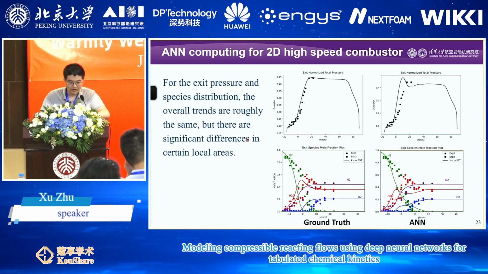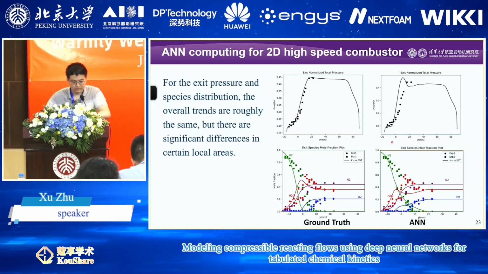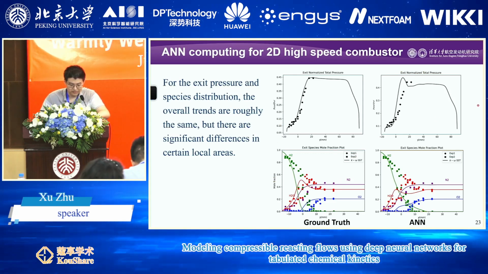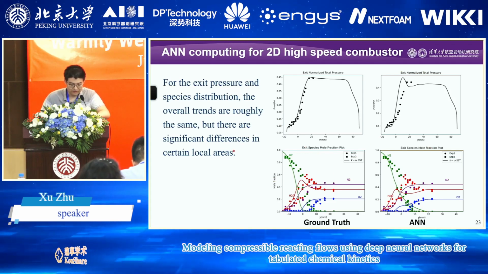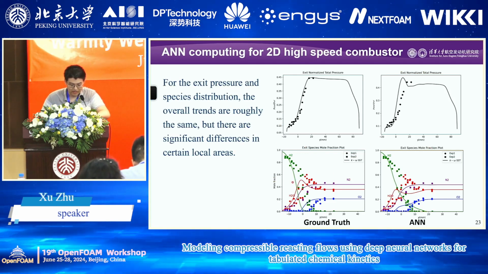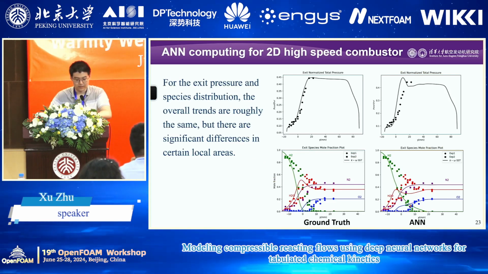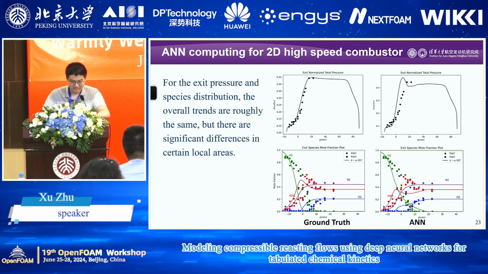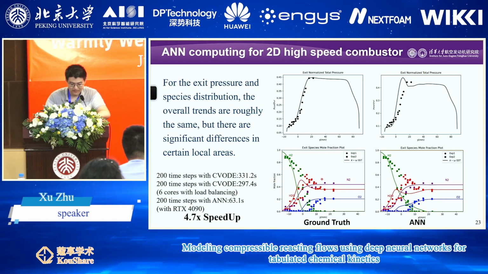For the exit pressure and the species distribution, the overall trends are roughly the same. But there are significant differences in certain local areas, such as water and oxygen, because the auto-ignition time has a little bit of error here.